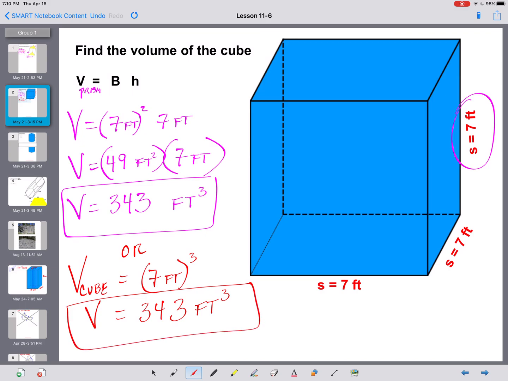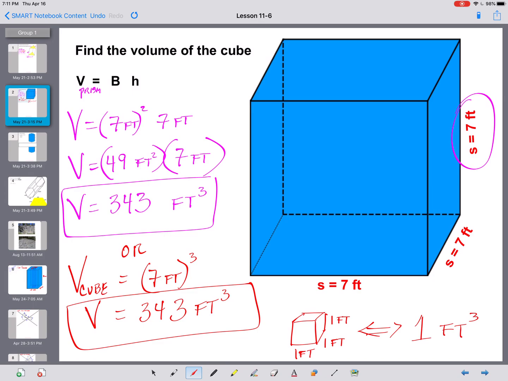Again, what that means to us: if I had a cube that was 1 foot by 1 foot by 1 foot, that would be 1 cubic foot.